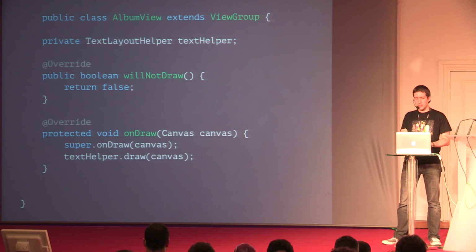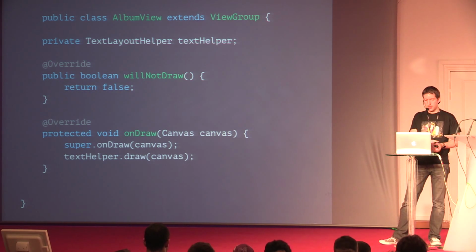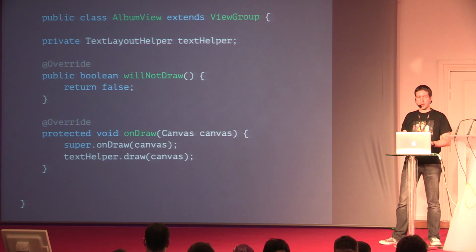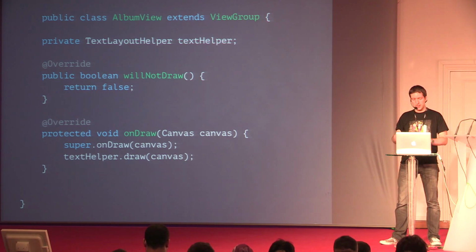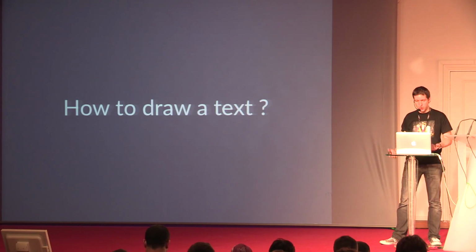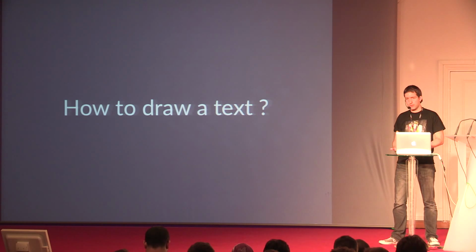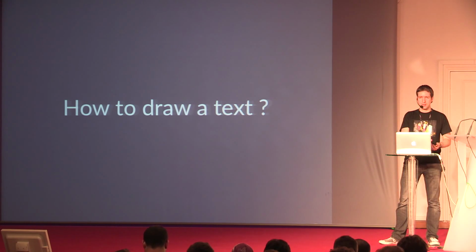In this onDraw method, the only thing I'm going to do, except calling the super, is calling a text layout helper class that I'm going to write and pass it the canvas in order to let it draw. So, how can we draw a text? It seems quite easy.